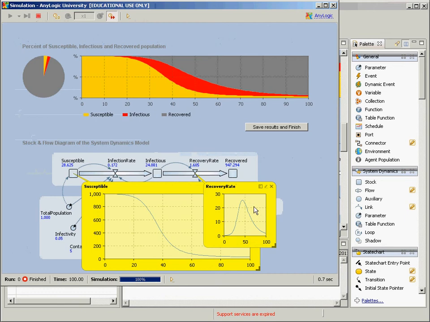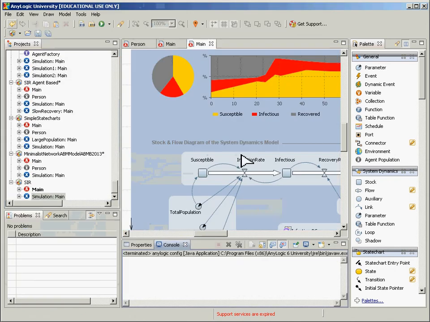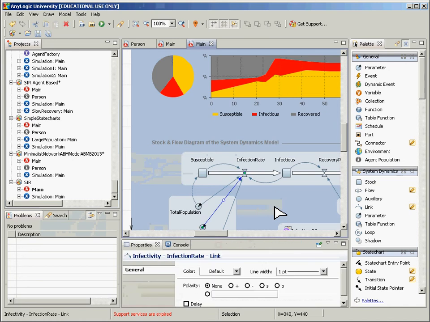Number of people per unit time who are recovering, and you can do that by clicking on it and clicking on this little thing that shows a graph up there. So here we can explore this model graphically. One of the key features of this model is it requires essentially no programming in a traditional sense.